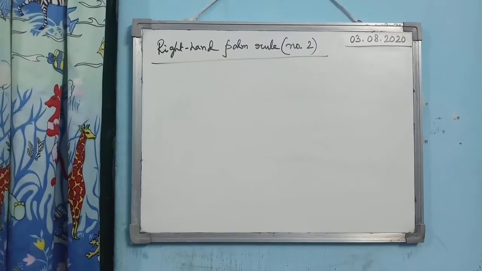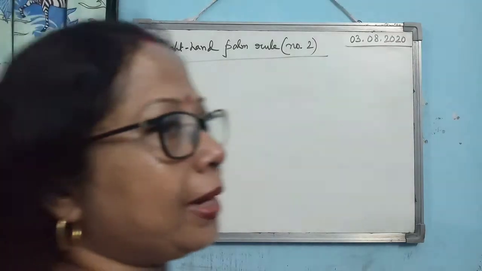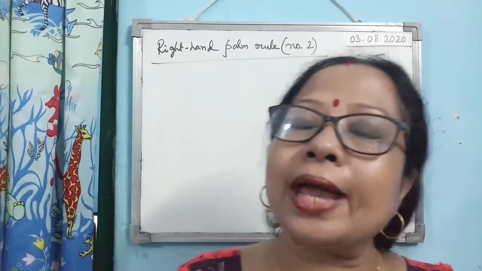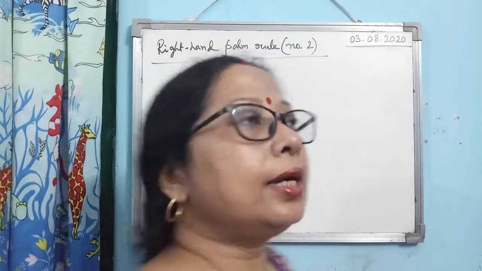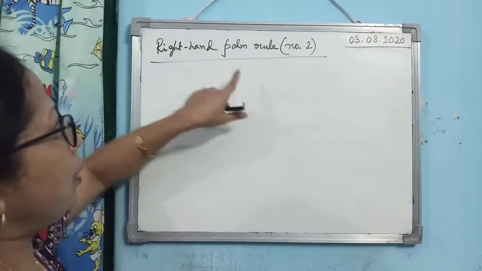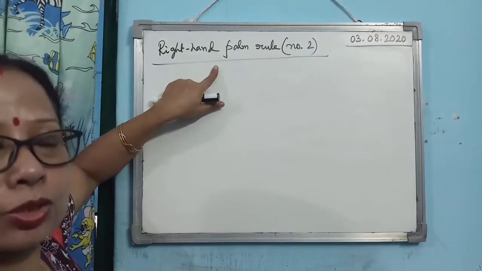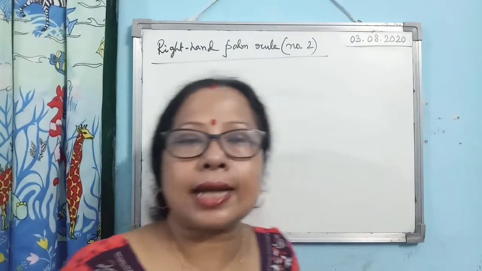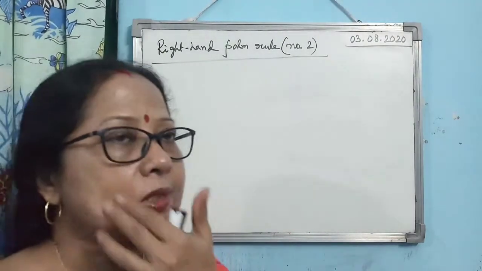Now we can find the direction of the force experienced by a current carrying conductor placed in a magnetic field, not only by Fleming's left hand rule; another rule is also there that is convenient to use. Always try to use this rule, right hand palm rule number 2. What is right hand palm rule number 2? Understand it.